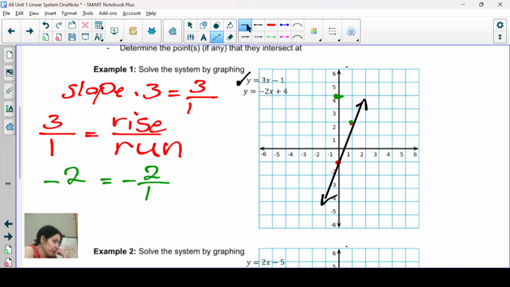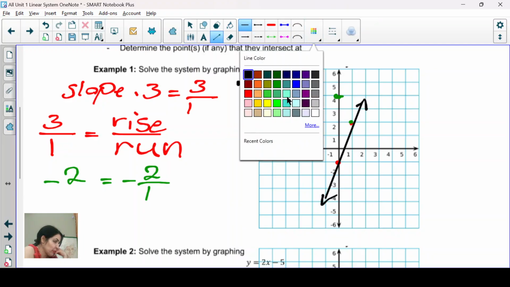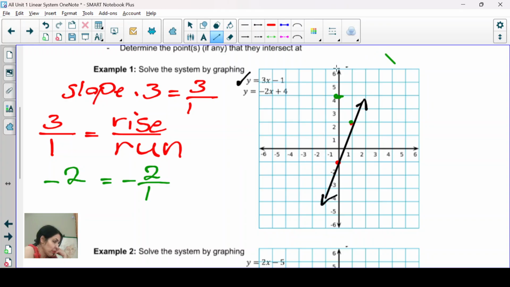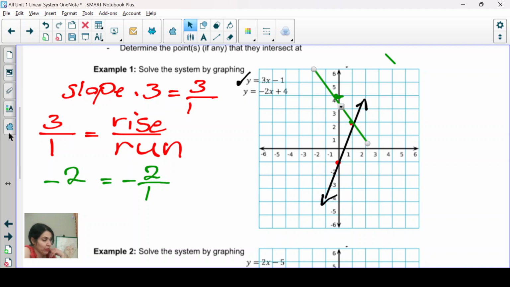And then, let me show this with a different color. You pass a line through these 2 points. Okay. And put arrows at the beginning and end.